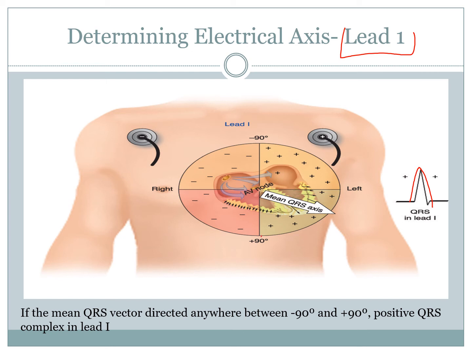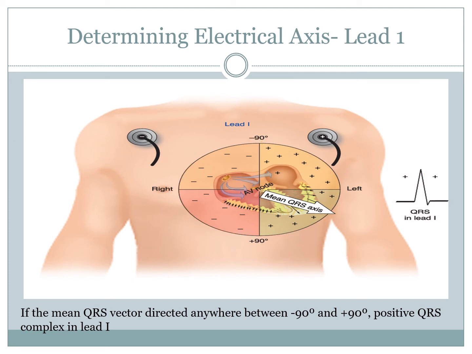So it is somewhere in that entire half of the circle. Just by looking at the one lead, we have QRS positive, it is plus 90 to negative 90. If it's a negative deflection, it obviously means that it's from plus 90 to negative 90 the other way.